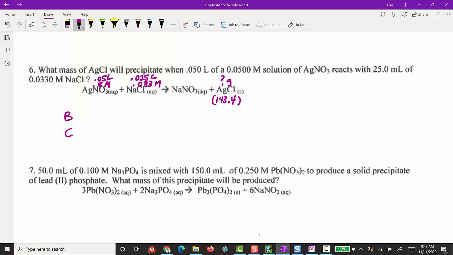Then 0.05 times 0.5, so 0.025 moles of the silver nitrate, and then 0.025 times 0.033, so I get 0.000825.